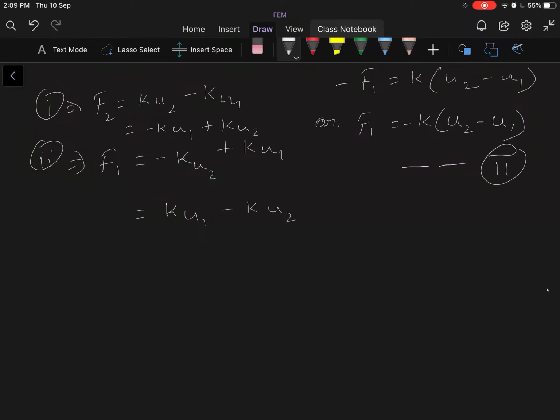So if we write it in matrix form, it can be represented like this.